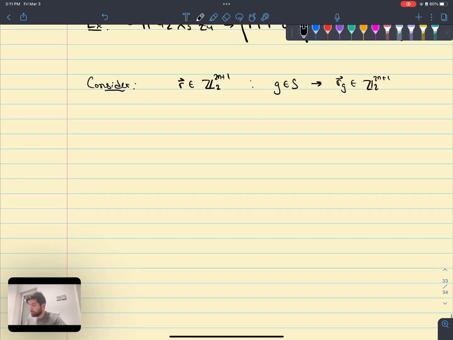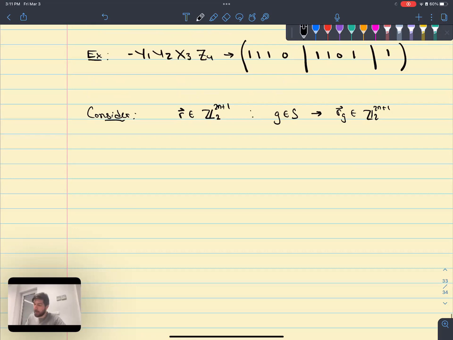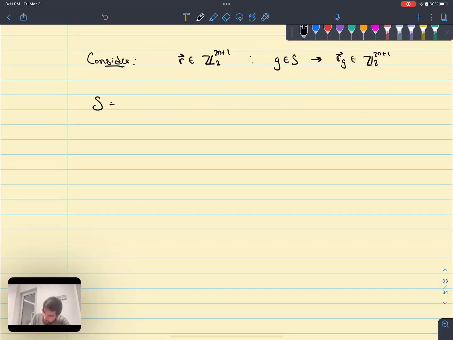So if I take a set of candidates, S is generated by some G1 all the way to Gn. I only need n of them. Then I can map that to a set of the corresponding vectors in Z2 to the 2n plus 1, which is going to be like R. And instead of writing G1, I will just write it as 1.